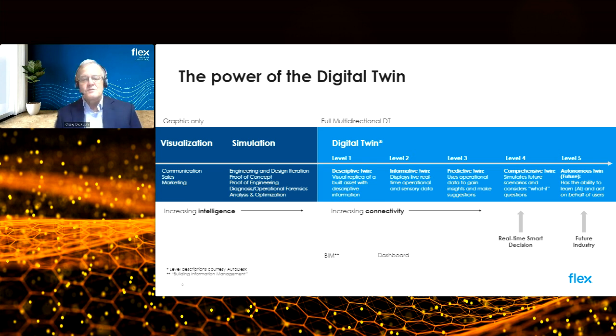A comprehensive twin, which is what we really are all striving for right now, makes real-time decisions by evaluating multiple different possibilities, lots of what-ifs, and then helping you make the decision right then for going forward. The ultimate goal, of course, is the level 5 digital twin, where it's somewhat more autonomous and it handles a lot of that itself.